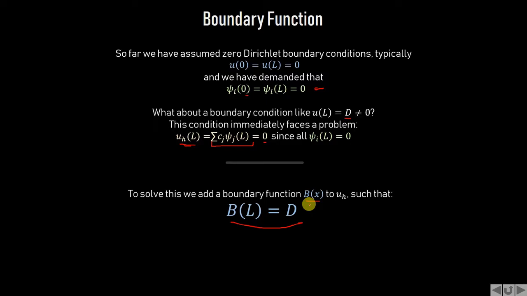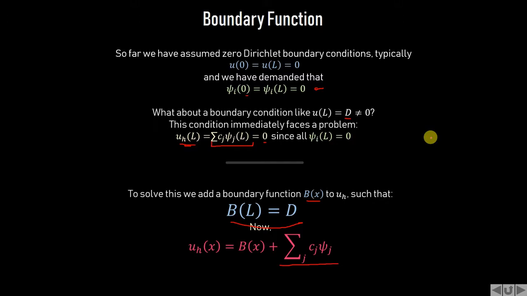Obviously you need to satisfy some differentiability requirement, but still you are free to construct it. And now our trial solution is this term B(x), the boundary function, plus our old linear combination of the cj's and the psi-j's.